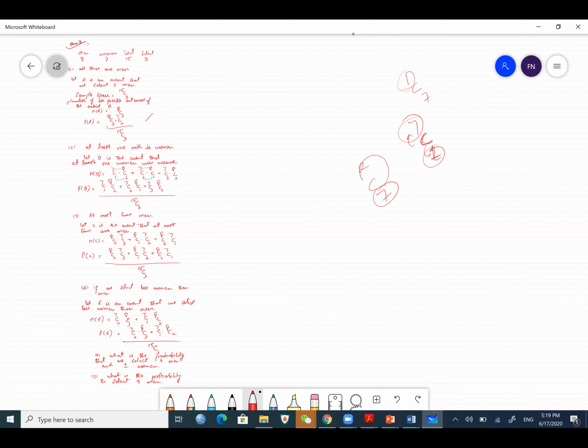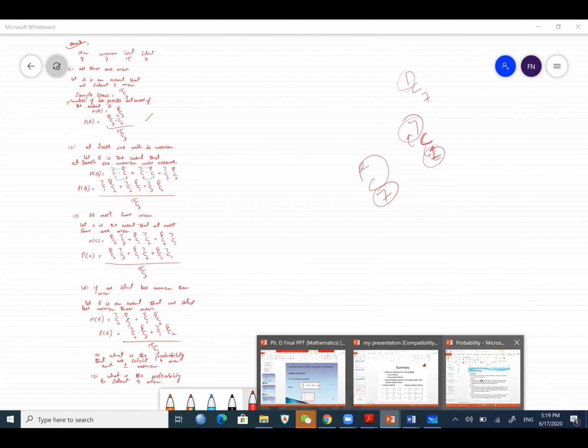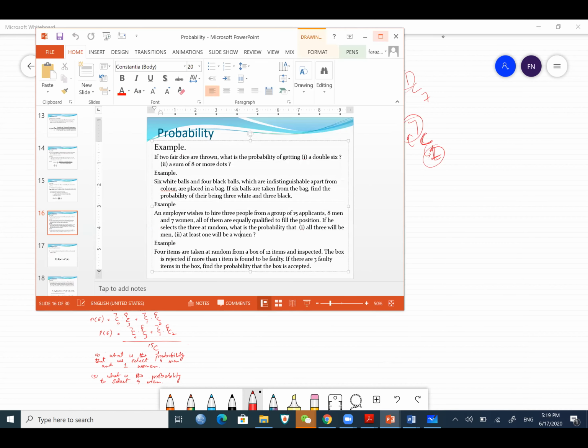Now, okay, so 7C1 over 15C. So how many people are you selecting in that case? One of 4 men and 1 woman, so 5. And how many are we asked to select in example 3?